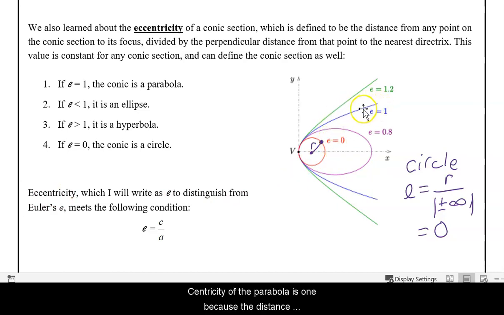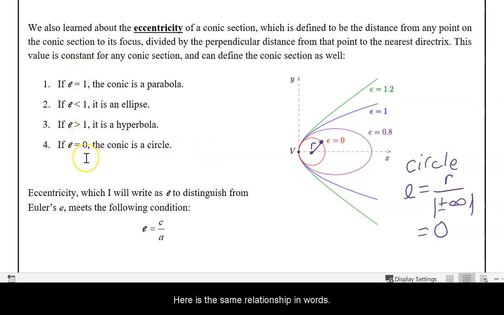That's why the eccentricity of a circle is 0. The eccentricity of the parabola is 1 because the distance from the focus to the point and from the point to the directrix are the same. On the ellipse, it is closer to get to the focus from a point on the ellipse than it is to get to the directrix lines. On the hyperbola, it's the reverse. You can see here with the relationships in the numbers and the different shapes how the eccentricity is affected.